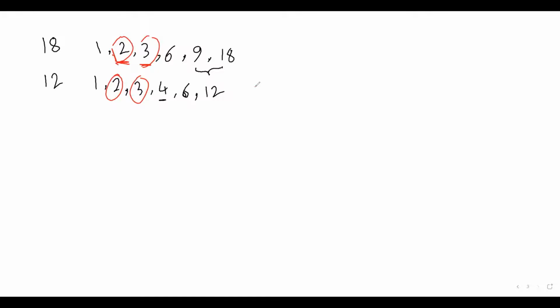What does that mean? For example, look at the number 12. 12 can be rewritten as 4 times 3, or, 4 we know is 2 to the power of 2, a square number, times 3. And as you can see, I just used prime factors. That's all, 2 and 3.